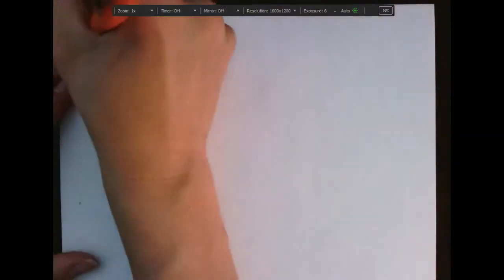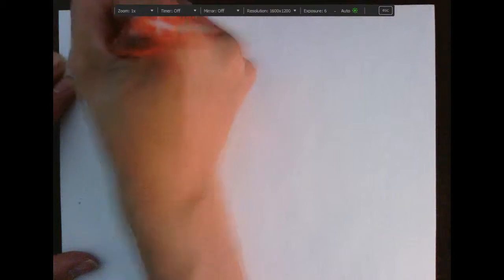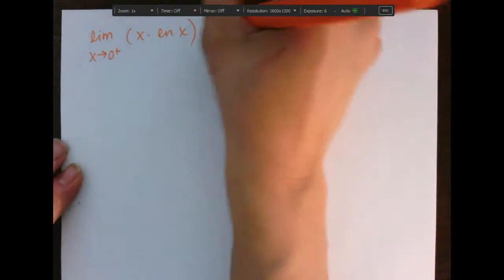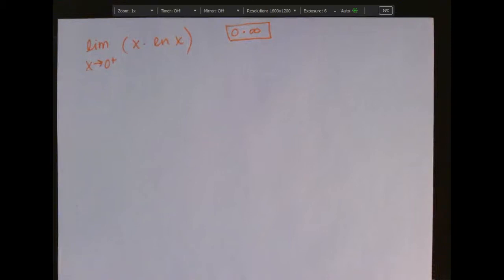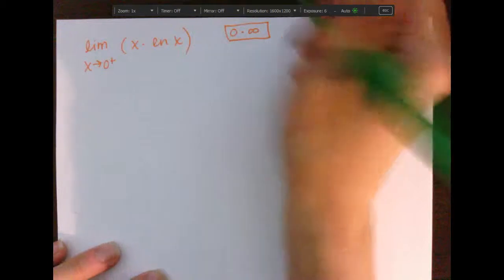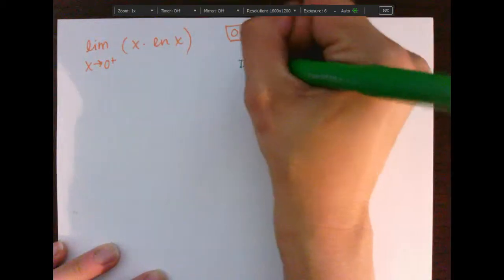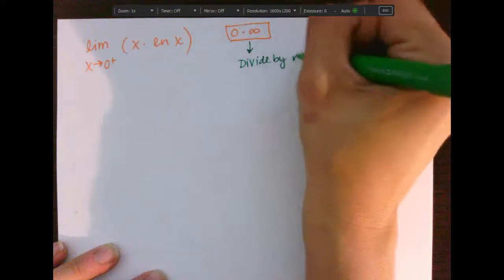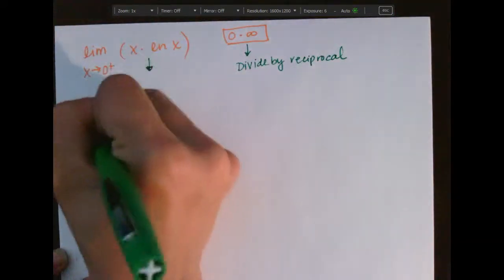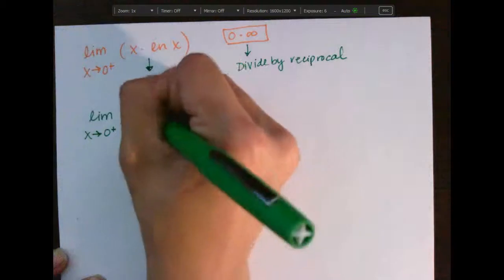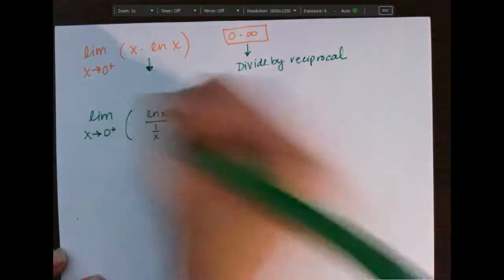So let's go ahead and take that form, which is the limit as x approaches 0 from the right of x times the natural log of x. Let's remember that with direct substitution, we got the form 0 times infinity. Let's take that and try to write it as 0 divided by 0 or infinity divided by infinity, either one. Remember, the strategy there is to divide by the reciprocal. So I'm going to write this as the limit as x approaches 0 from the right of the natural log of x divided by 1 over x.